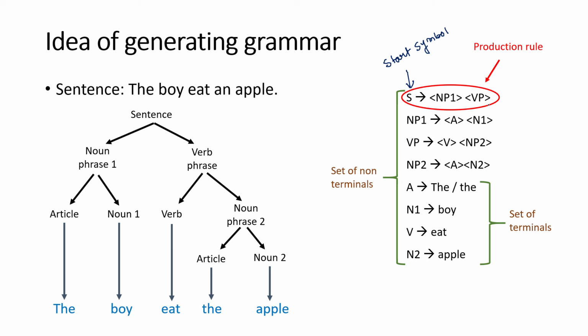Now, without using this set of production rules, it is not possible to derive the string. That means there is one more component that we have in the whole system, which is the set of production rules.